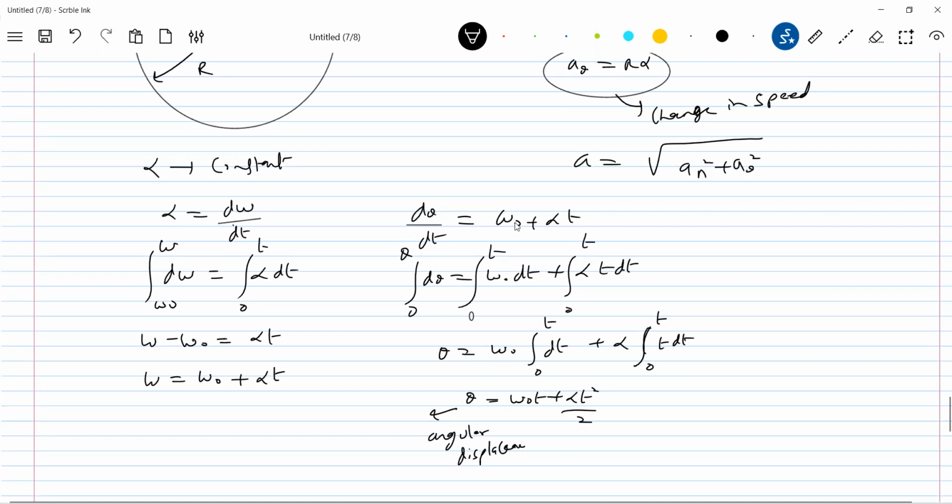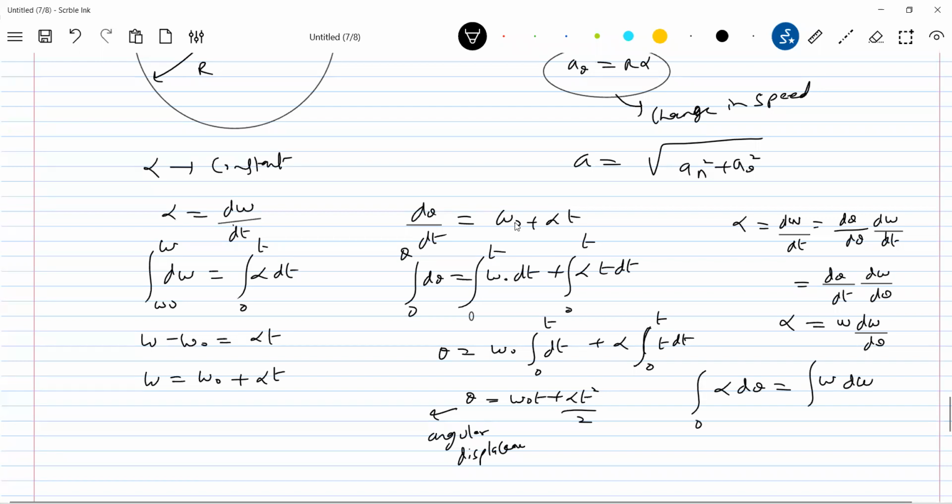Then alpha is equal to d omega by dt. You can also write it in this form: alpha d theta equals omega d omega, integrating 0 to theta and omega naught to omega. So this will be alpha theta.